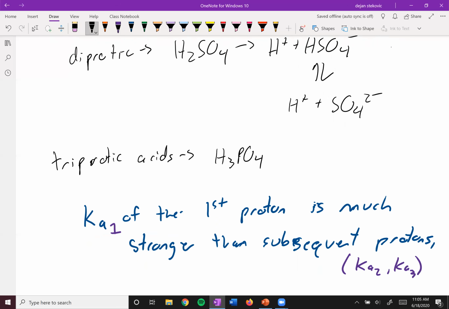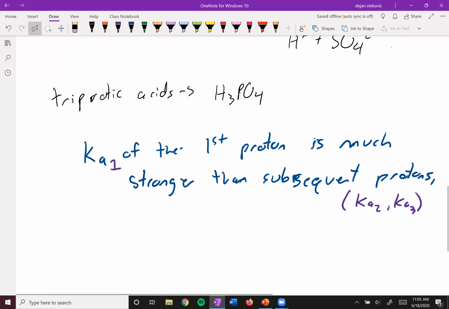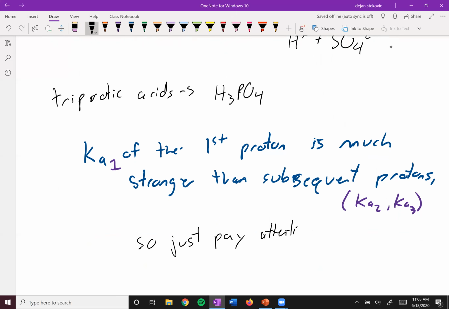Ka1 is going to be way stronger than Ka2 or Ka3. So you just ignore the rest of them and you just pay attention to Ka1. Because Ka1 is going to donate maybe 1 proton, and for every 1 proton it donates, Ka2 is going to donate like 1,000th of a proton, much, much less. And so you just have to really pay attention to the big values.